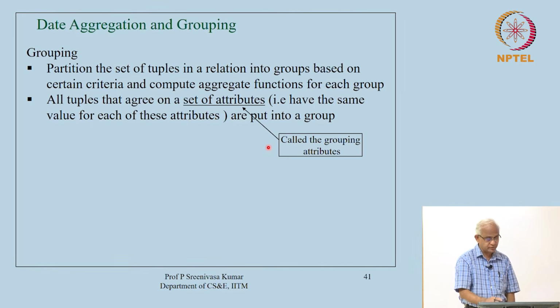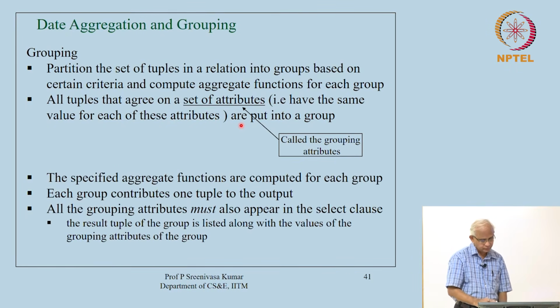So, now the number of tuples in the output will be equal to the number of groups that result after doing this grouping. The specified aggregate functions are going to be computed for each of these groups, and each group contributes one tuple to the output.